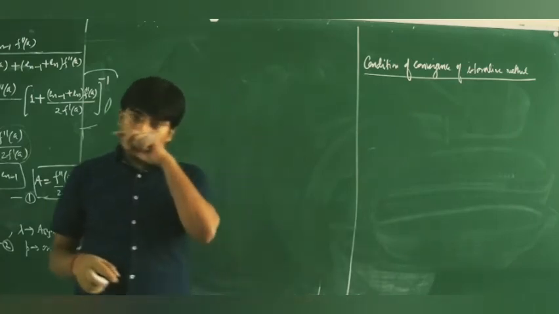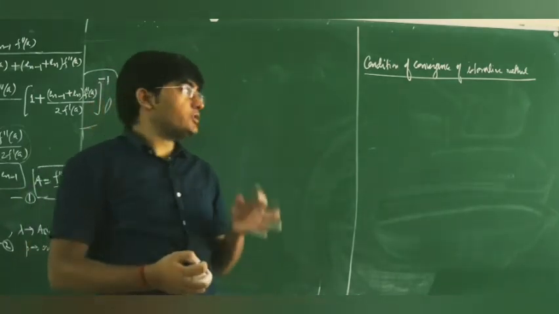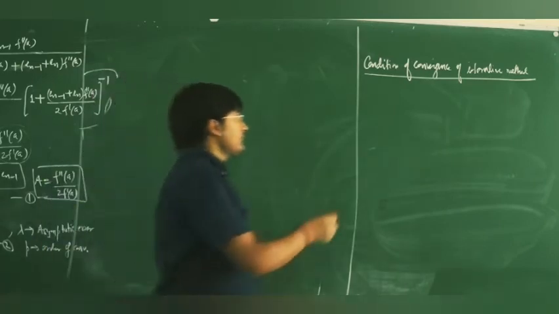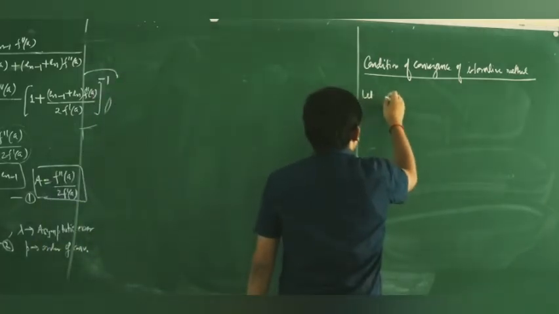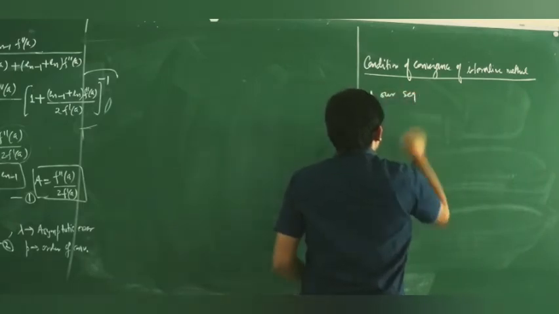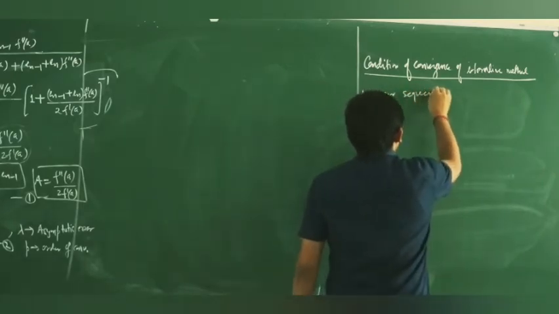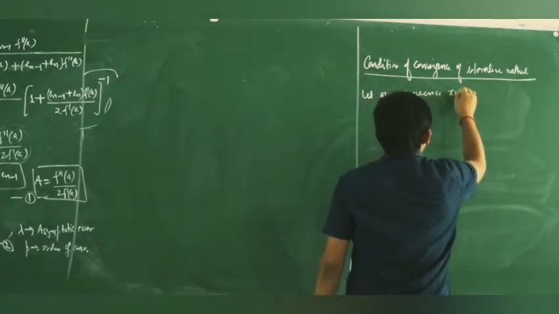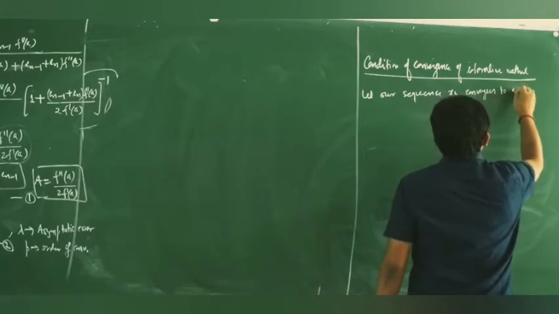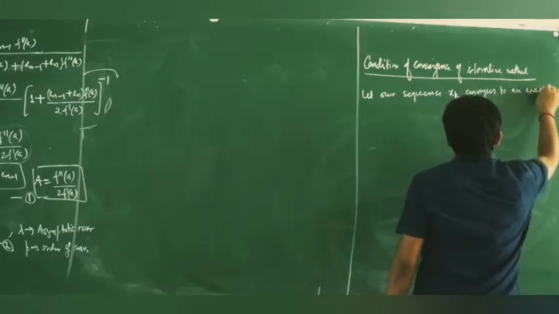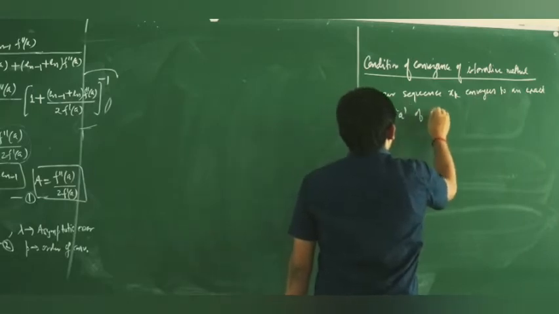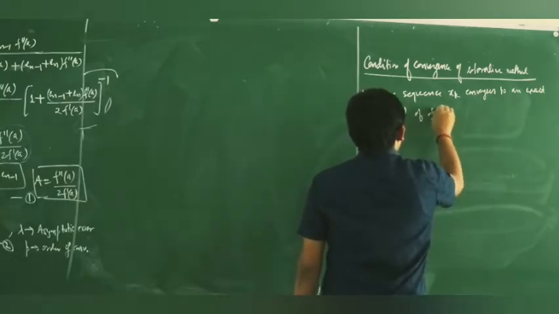Let us suppose that in iterative method our sequence xk converges to an exact value small a of the equation f(x) equal to 0.